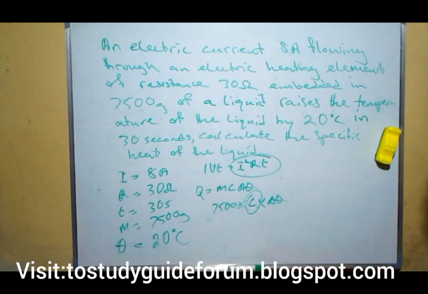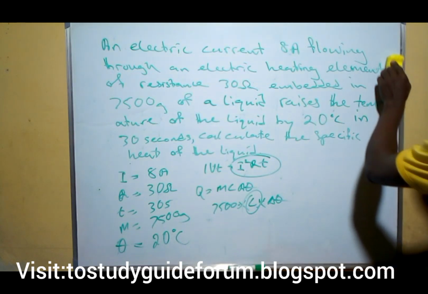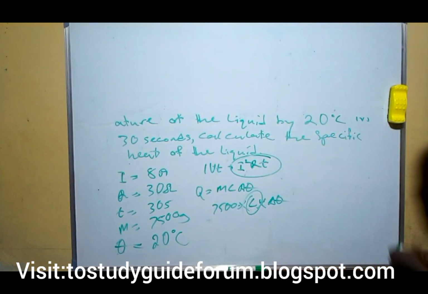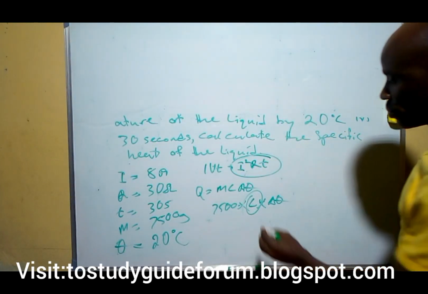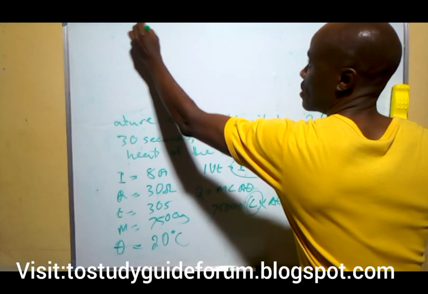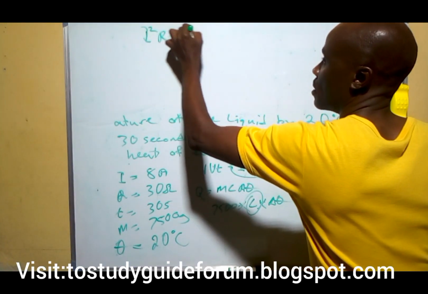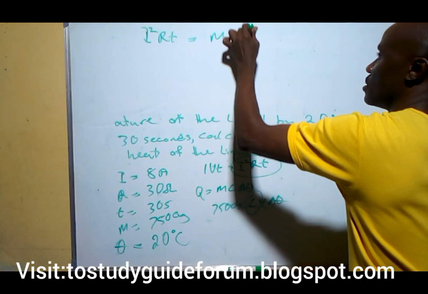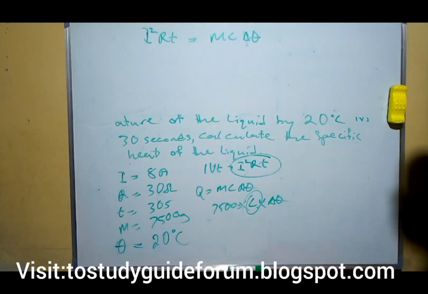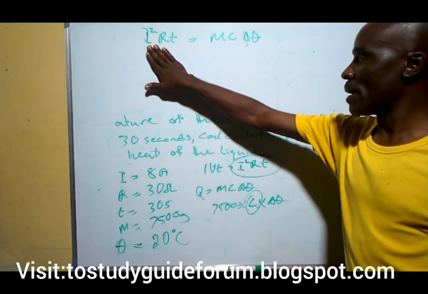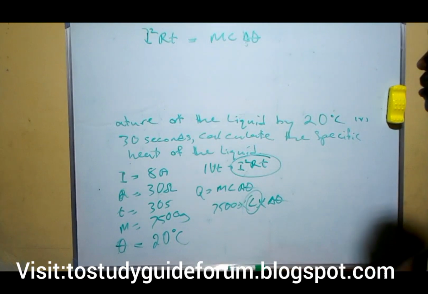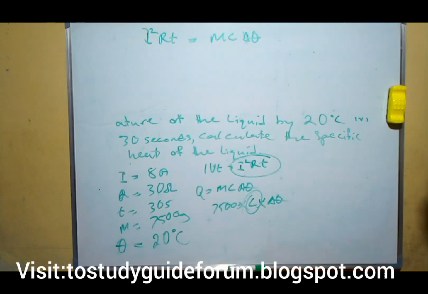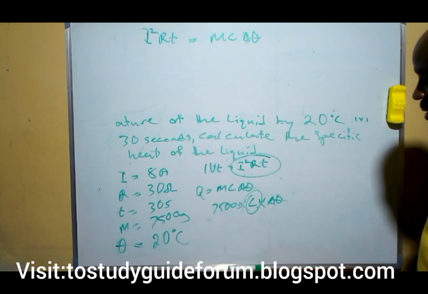In order to calculate the specific heat capacity of this substance, what we're going to do is compare them, because the quantity of heat supplied by the electric source is equal to the quantity of heat received by the liquid.